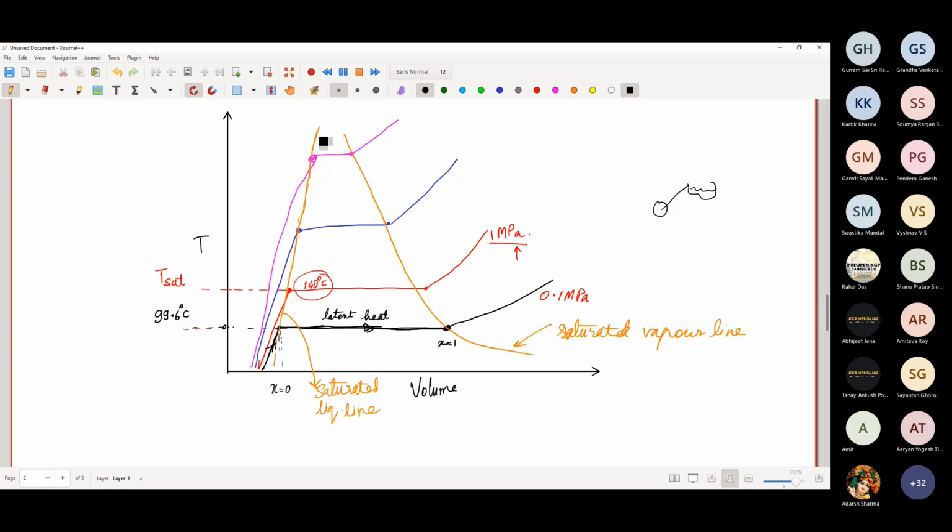And there will be a point where the saturated liquid and the saturated vapor merge, and that particular point is known as the critical point.